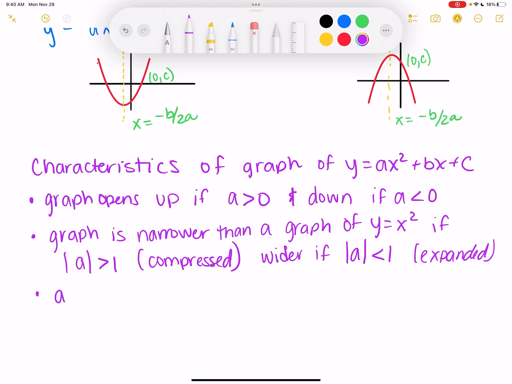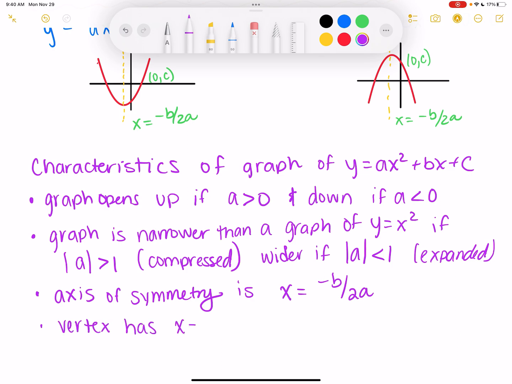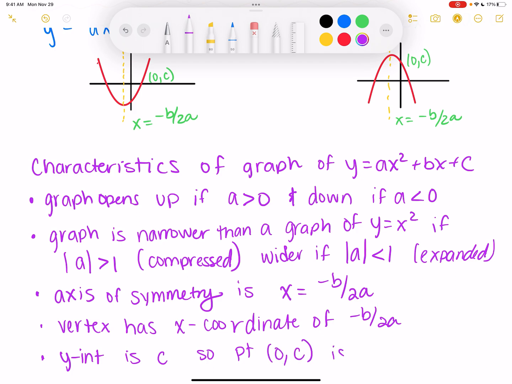The axis of symmetry is at x is equal to negative b over 2a. The vertex has the x-coordinate of negative b over 2a, and the y-intercept is c, so the point 0, c is on the parabola.